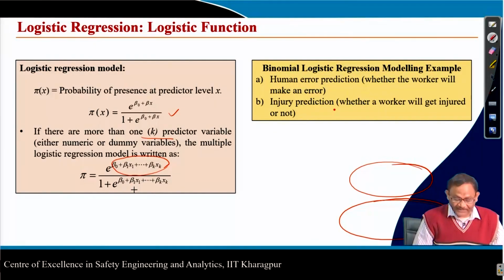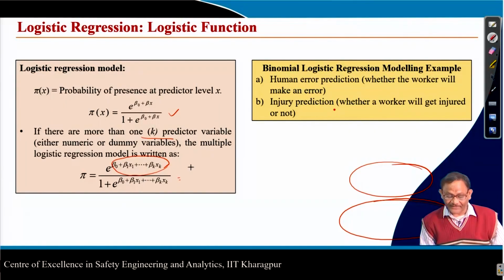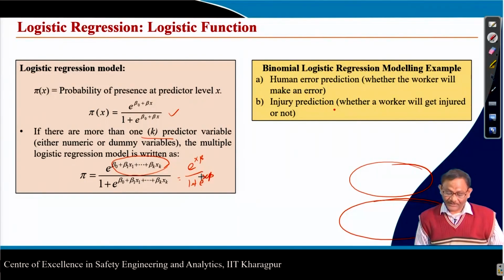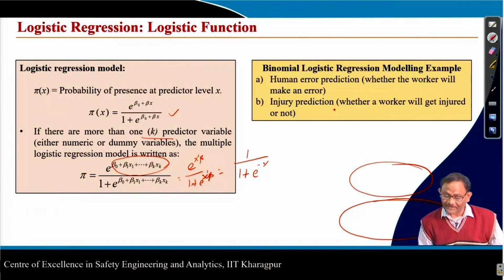You can also write it like this, e to the power x beta by 1 plus e to the power x beta, but you have to think from the matrix multiplication point of view, otherwise we have written x transpose beta. If you divide numerator and denominator by e to the power x transpose beta, it can be 1 by 1 plus e to the power minus x transpose beta.